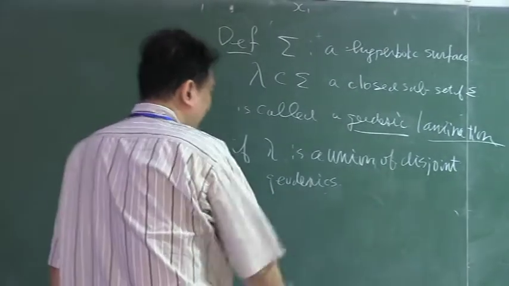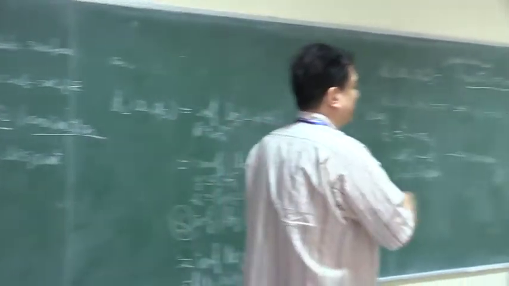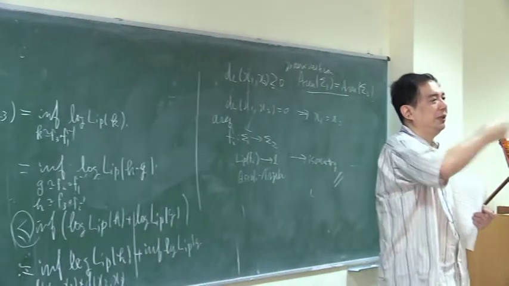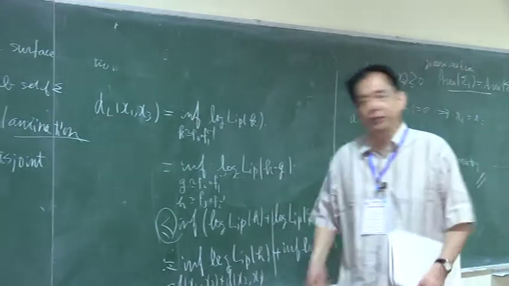Here, when we say geodesic, it's not a geodesic segment. It's a complete geodesic. It's either a closed geodesic or an infinite geodesic, a geodesic which is infinite in both directions.